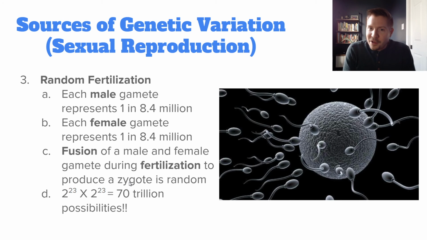And then another further source of variation is random fertilization, which sperm fertilizes which egg. So we talked about that 8.4 million number based on chromosome assortment. If you talk about both cells doing that, and then which sperm fertilizes the egg, you're looking at more than 70 trillion possibilities just on those numbers.